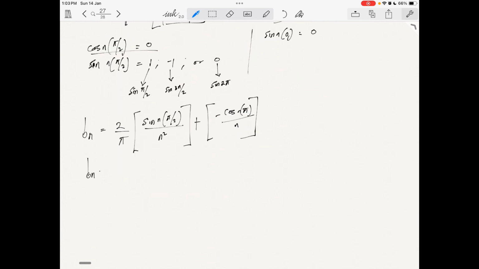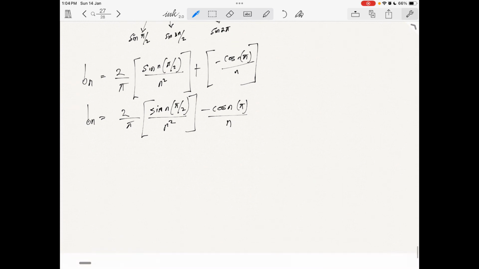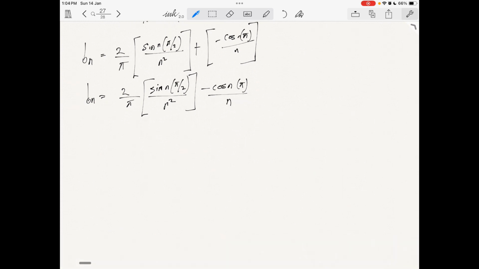So bn is equal to 2 over pi times sine n pi over 2 over n squared minus cos n pi over n. Now take a moment and evaluate b1, evaluate b2, evaluate b3, and you can also evaluate b4. You can pause the video to do that.